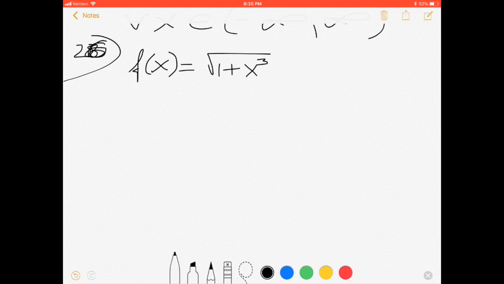First, build some function g(x) equal square root of 1 plus x. What do we have here?